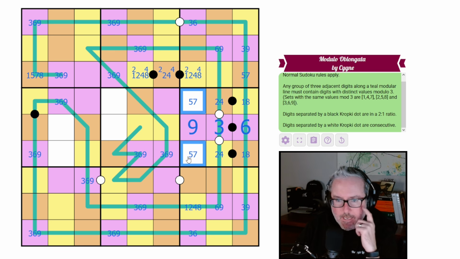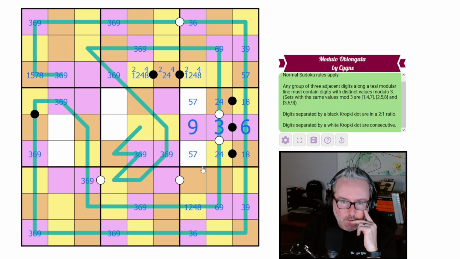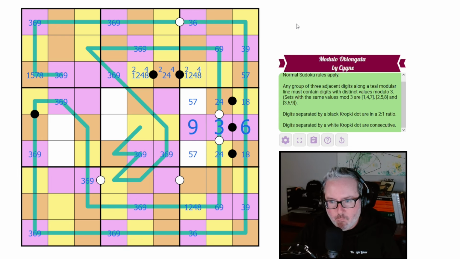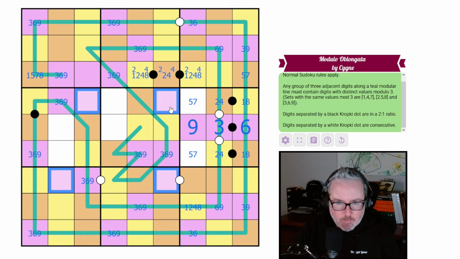And again, we're back to having our designations of yellows and oranges that we have to somehow figure out what they are. Okay. How are we going to do that? Maybe we should be putting in the rest of these purples that we've discovered and run with it from there.